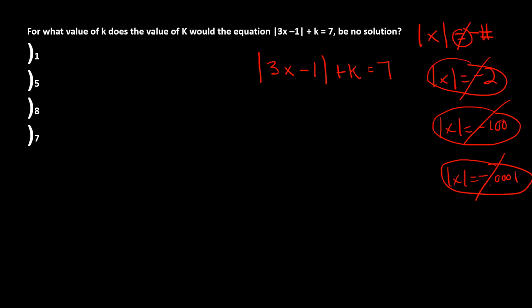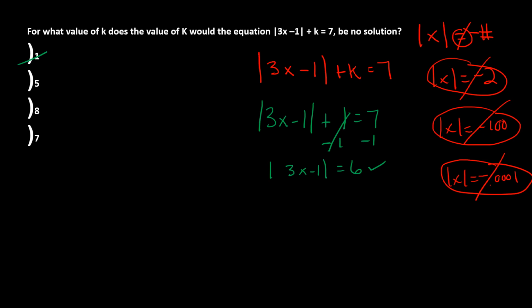So let's try these out. Let's test the first one. If we said the absolute value of 3x minus 1 plus 1 equals 7, I can subtract 1 from both sides, and I get the absolute value of 3x minus 1 equals 6. Well, I can solve this. That won't give me no solution. So that is no good.